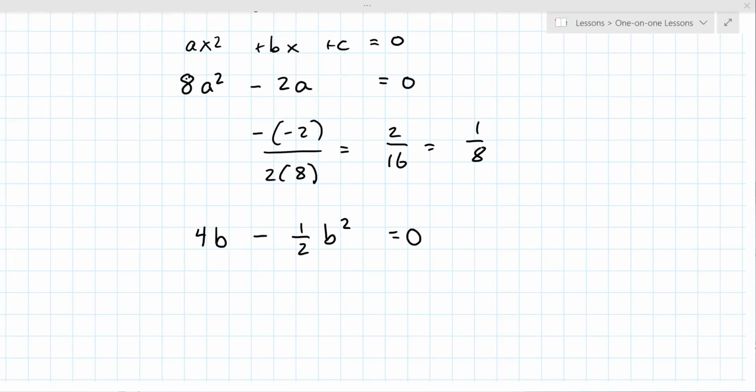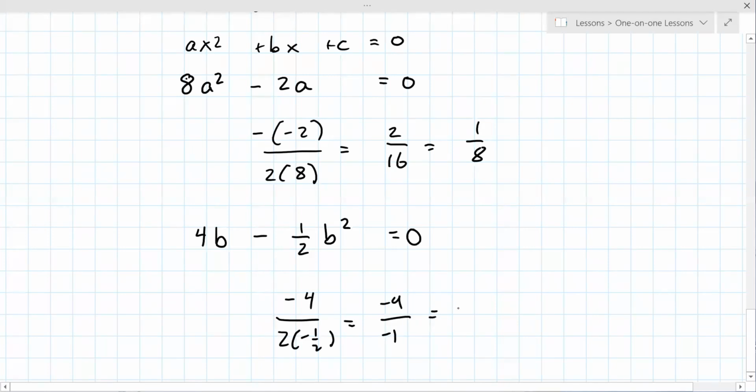So 4. Yes, this is -4. That's your b value over 2 times -1/2, which is -4 over -1, which is 4.